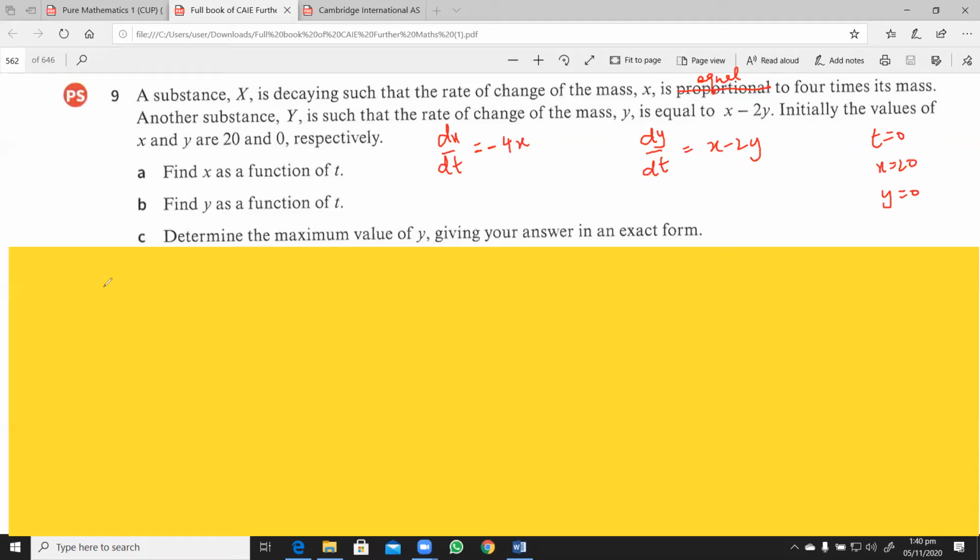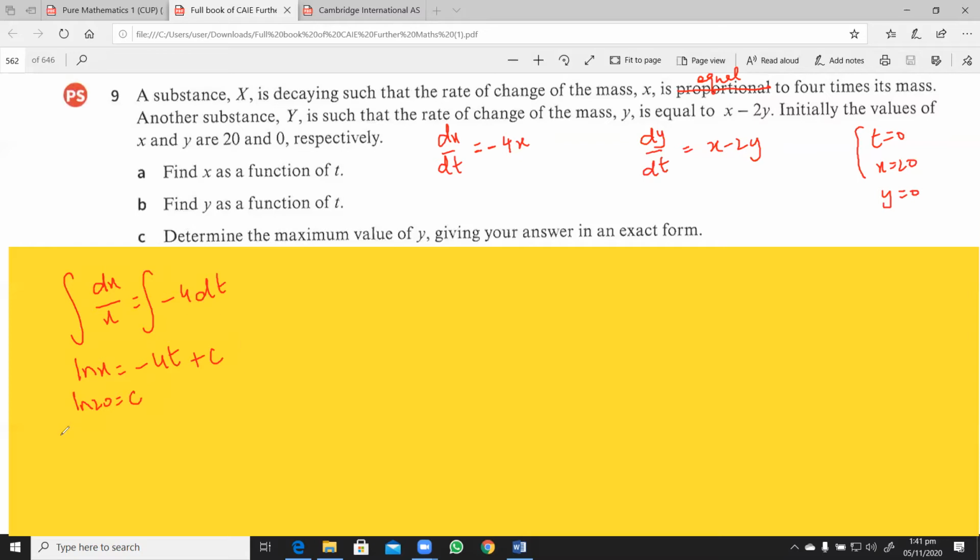So I'm going to write it as dx over x is equal to minus 4 dt. So I integrate this, I have ln x equal to minus 4t plus c. So using these two values, 0 and 20, we have ln 20 equal to c.